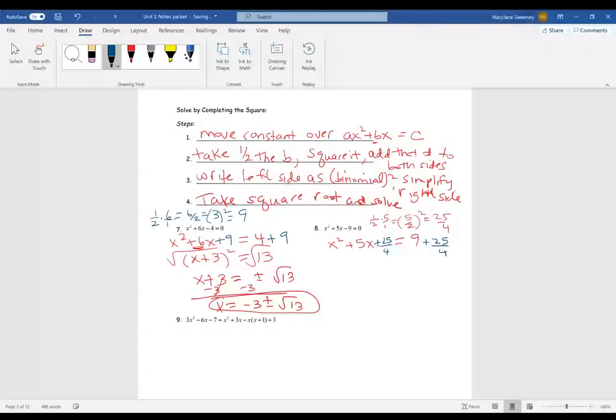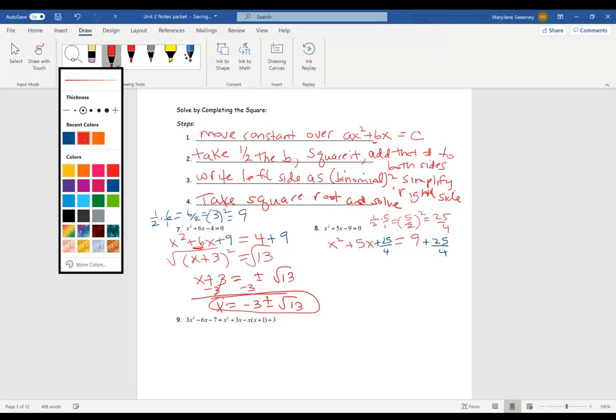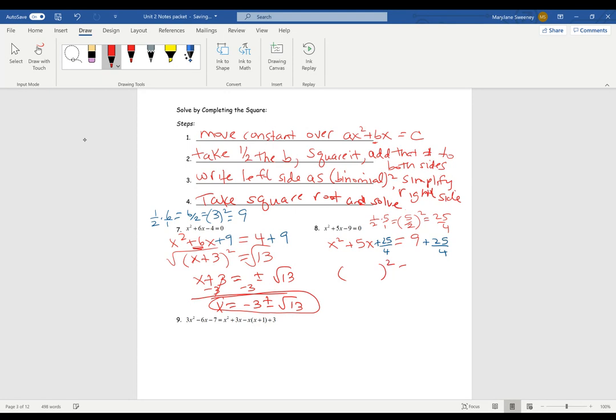Leave it a fraction, and you'll see why in a minute. So now here, it's just half the b that goes inside. Half of 5 is 5/2. We already figured that out up here. For here, I'm just going to get a common denominator. So 9 is 36/4, making this 61/4.